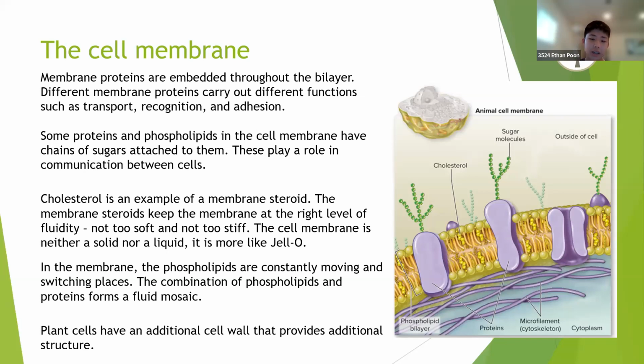An example of a molecule that would not pass through is water, because the electrons are not evenly dispersed. So small non-polar molecules and lipids would pass through. Okay, thank you.